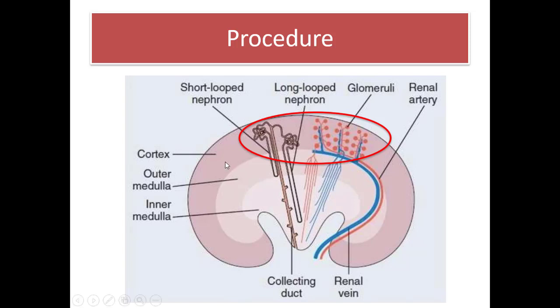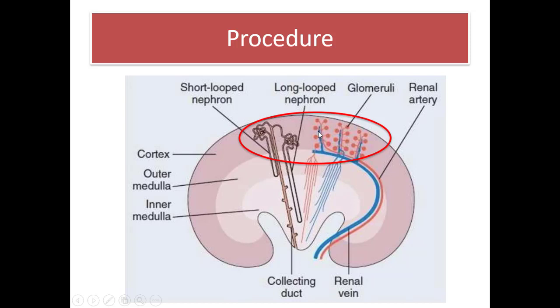This is the diagram of the kidney. As we see here, the kidney consists of cortex, outer medulla, and inner medulla. You see here in the cortex the nephrons, the glomeruli, the origin of the tubules, and the renal vasculature, all presented in the cortex.